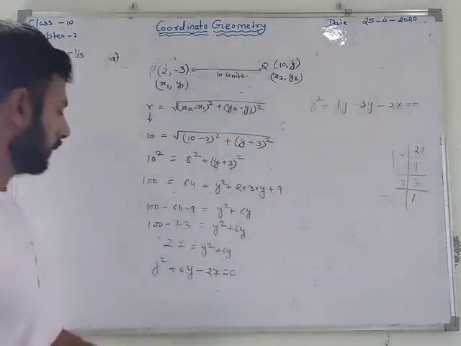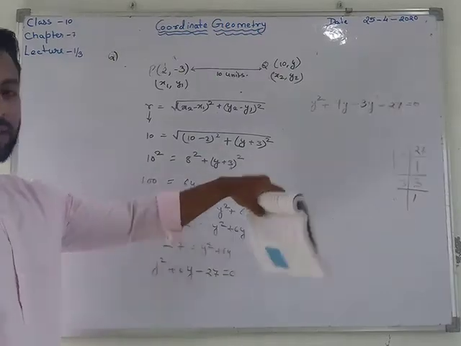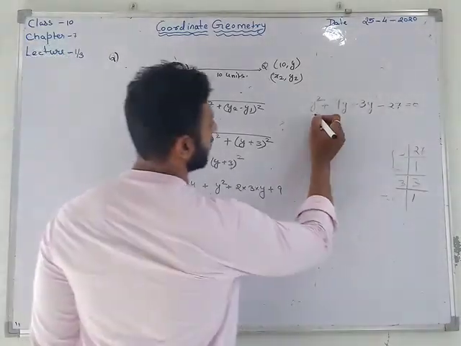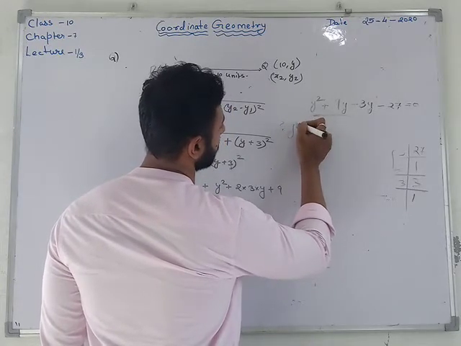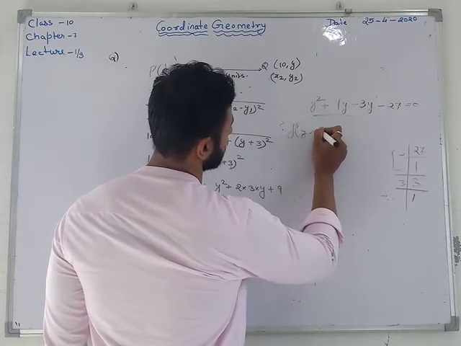Taking y common from the first two terms, y into (y plus 9).